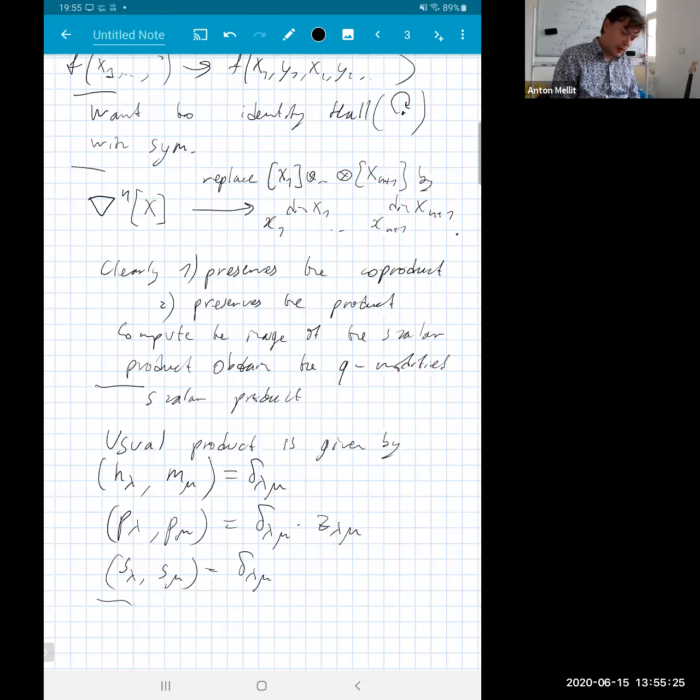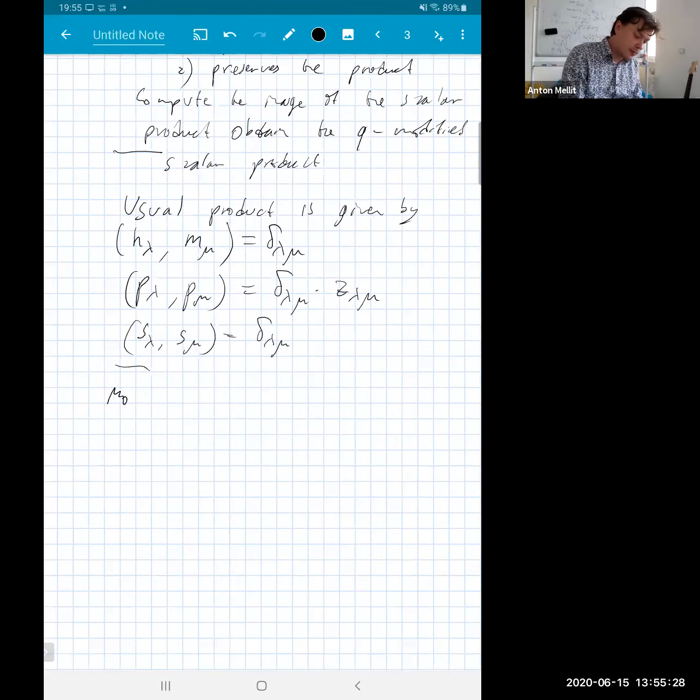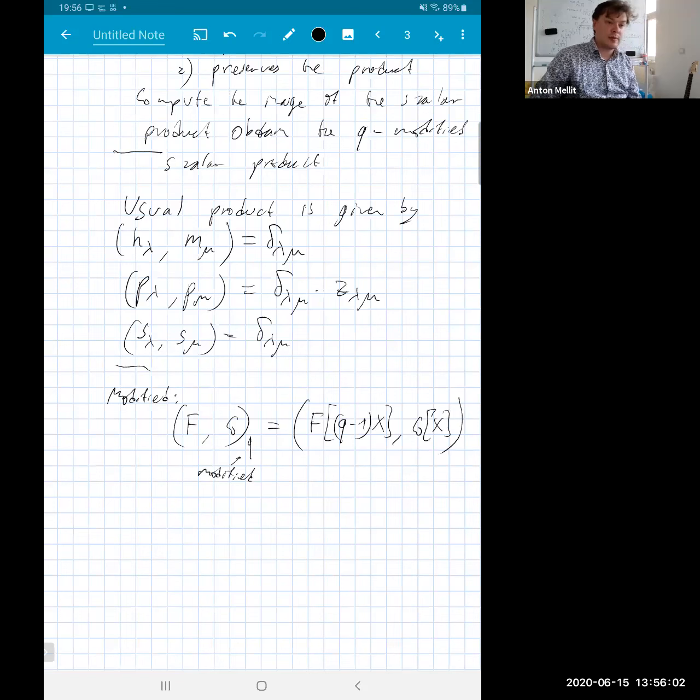orthonormal, and the modified one is given by: if you have two functions f and g, and this stands for the modified, then you have to do this substitution, q minus 1 x, and take scalar product with g.